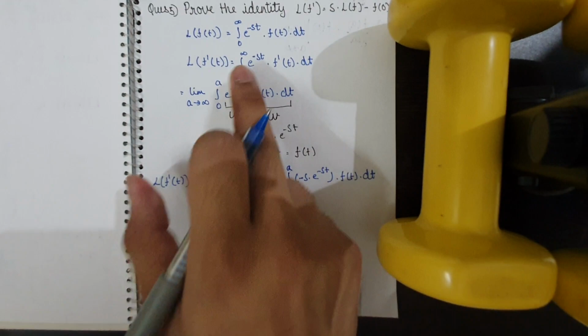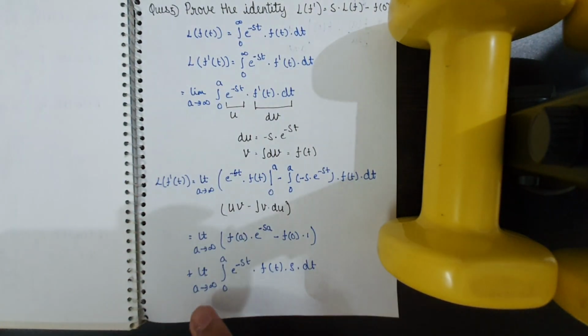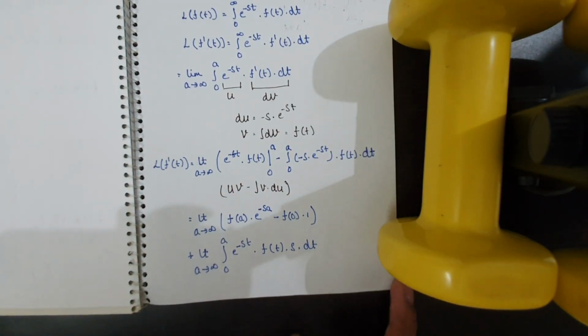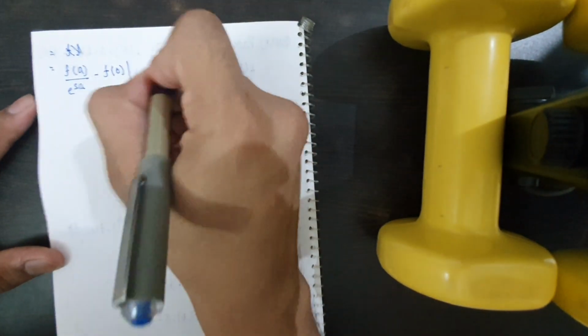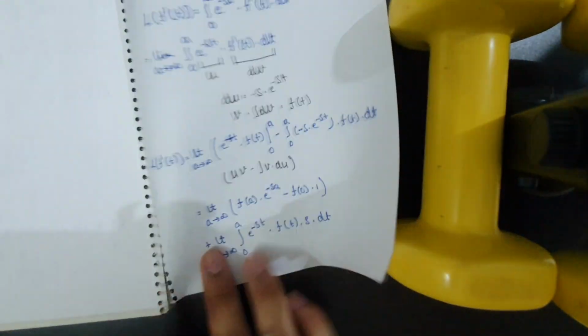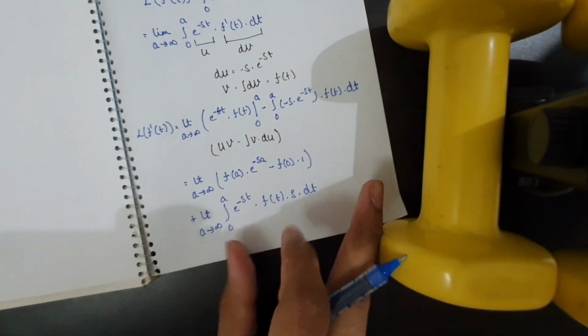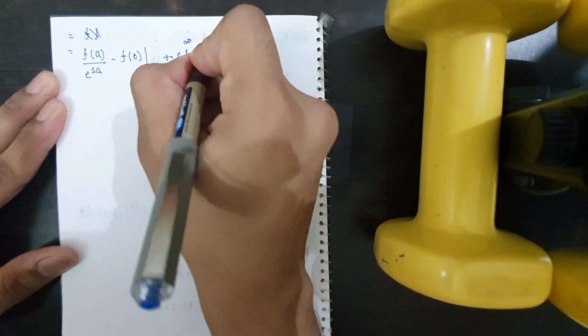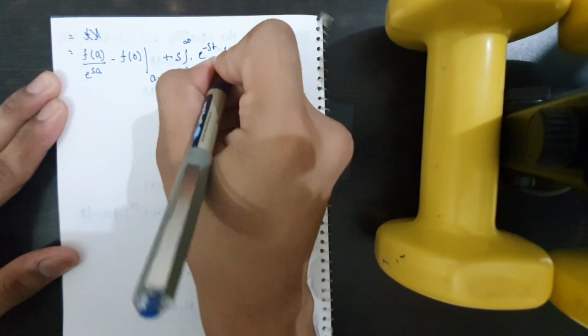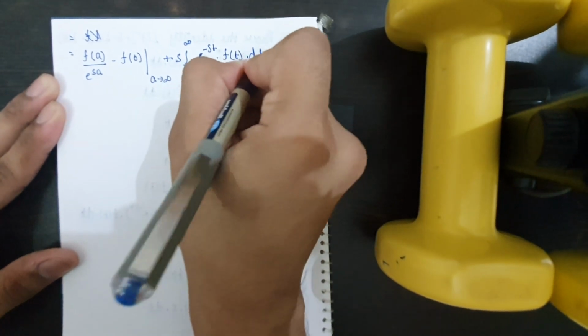The same way I have converted integral 0 to infinity to this, we can convert it back. Then we get integral 0 to infinity, and since s is a constant value, we can bring s outside, and we get e power minus st f of t dt.